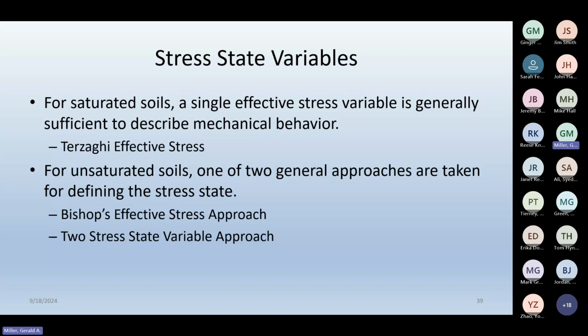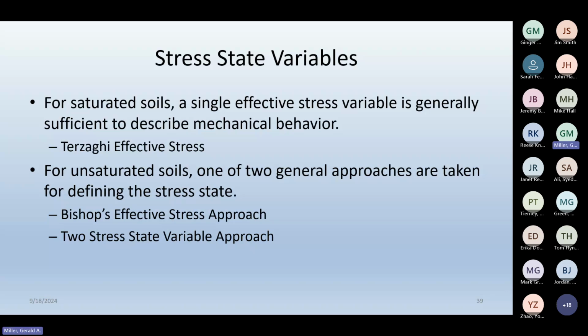So we have to consider how the presence of air and the interaction of air and water affects those interparticle stresses. So for saturated soils, a single effective stress variable is generally sufficient, and that's the Terzaghi effective stress. And that single stress state variable is just total stress minus pore water pressure because the soil is saturated. There's no air. We don't have to consider how the air affects that behavior.